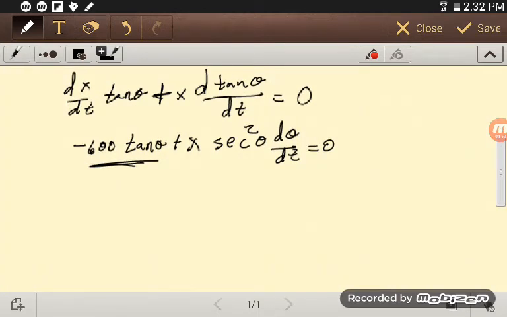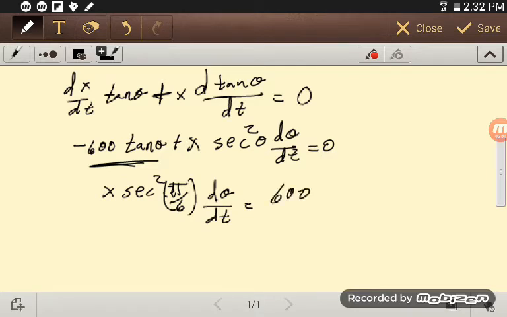So I guess I'll need to write that in there. So I have x secant squared of pi over 6 times d theta dt is equal to 600 tangent pi over 6.